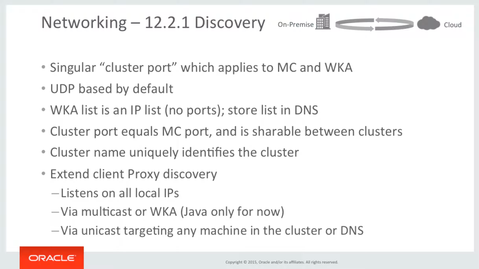So what this means is that you really don't have to think about selecting the cluster port for your cluster. In fact, you can safely use the out-of-the-box default cluster port, which is 7574, and that has been registered with the IANA, basically the Internet Authority on port numbers. That's been registered to Coherence. So you can just leave the default as it is and not have to worry about conflicts with other Coherence clusters running on your network or on your machine.